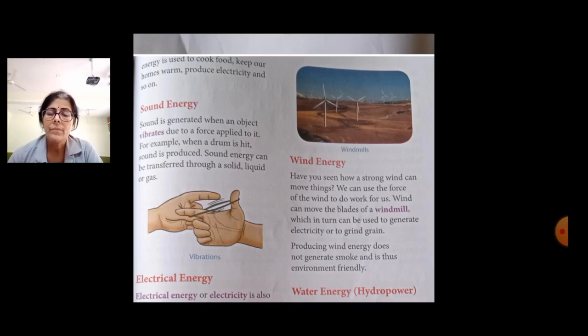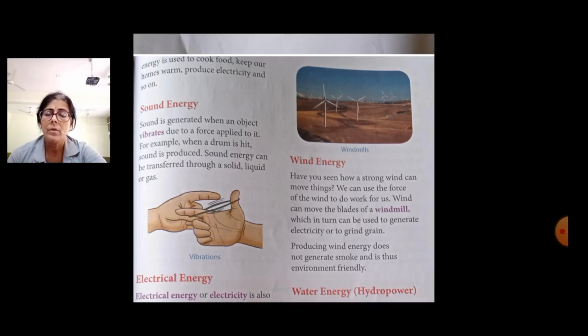Wind energy means, you all know that very fast wind has a force, right? It can move things. It can uproot the plants also, right? Like a big tree can also be uprooted with the wind.